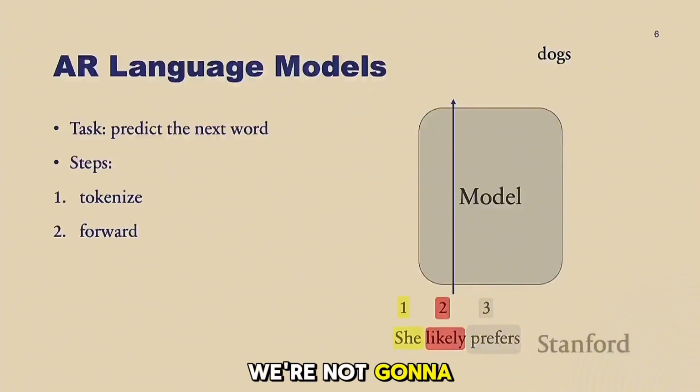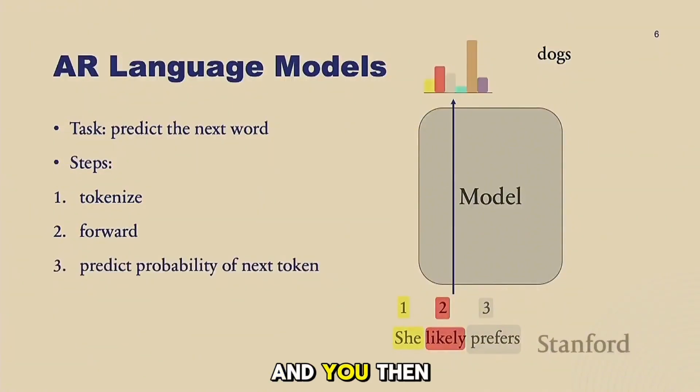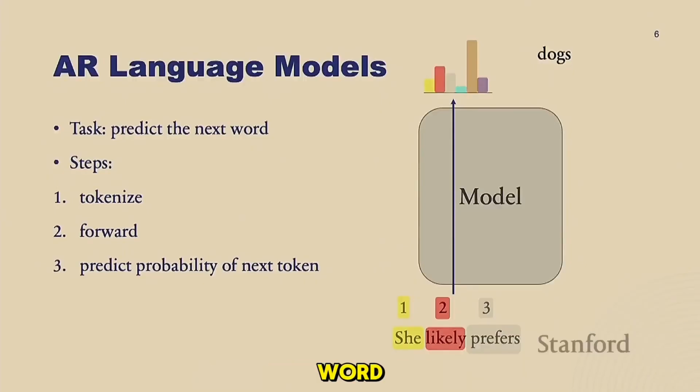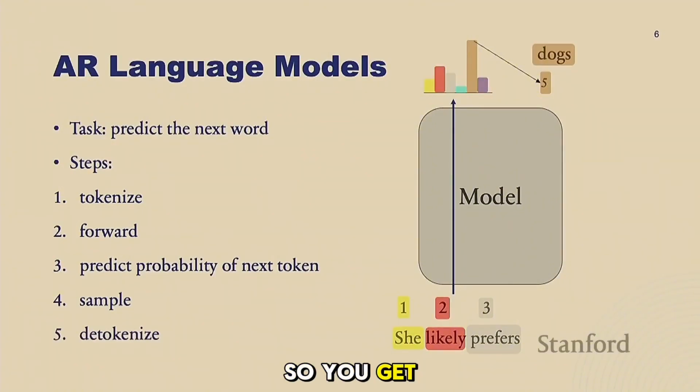As I already said, we're not going to talk about the architecture. You pass it through a model, and you then get a probability distribution over the next word, or the next token. Then you sample from this distribution, you get a new ID, and then you detokenize, and that's how you sample from a language model.